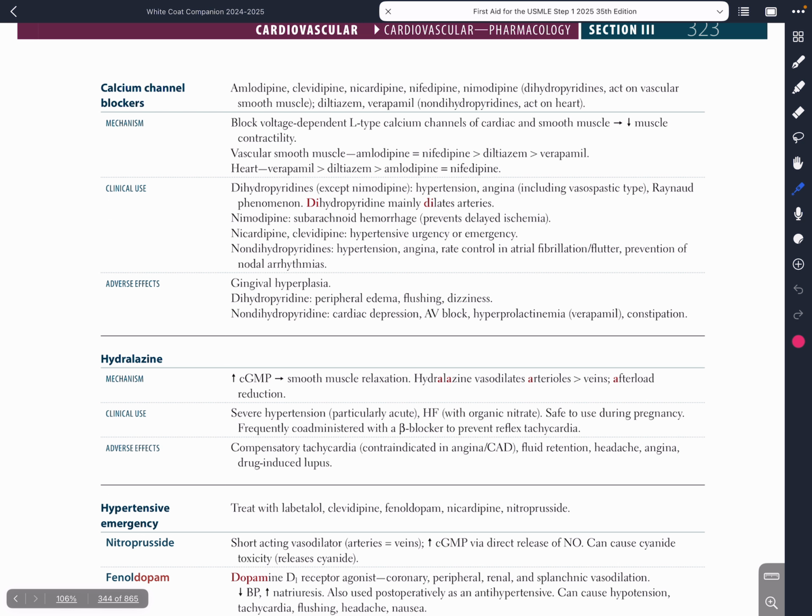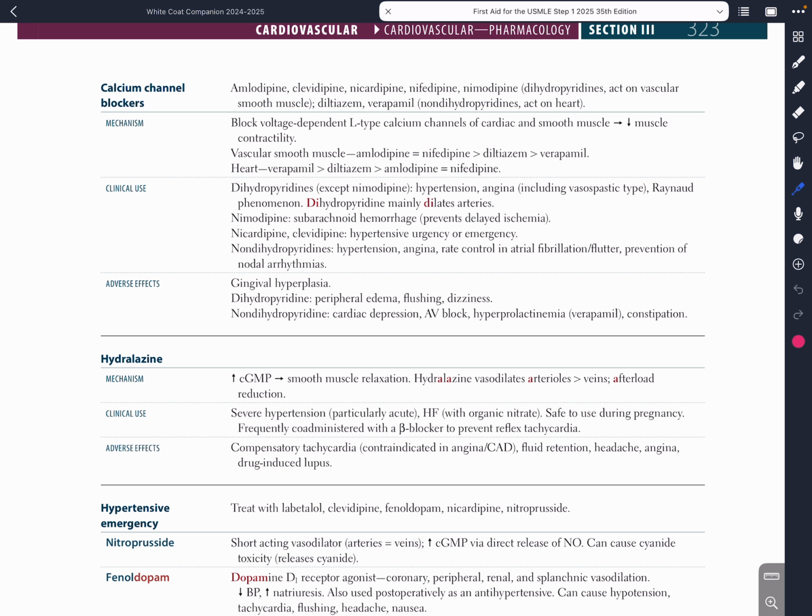Clinical use of calcium channel blockers. Except nimodipine, all dihydropyridines are used for hypertension, angina, including vasospastic angina. Vasospastic angina means that they have vasospasm and experience angina-like symptoms, but there is no permanent damage.